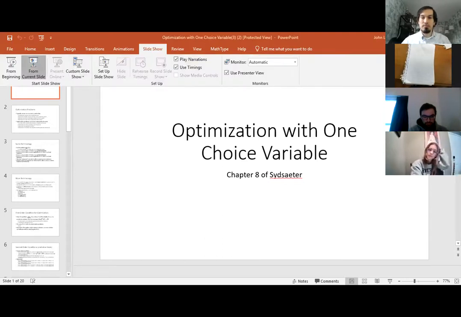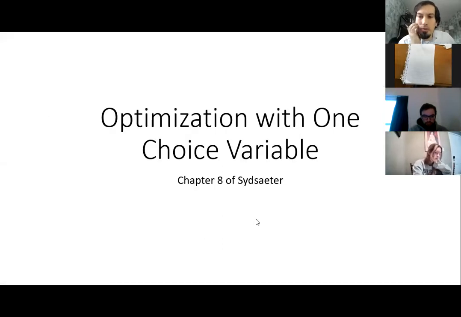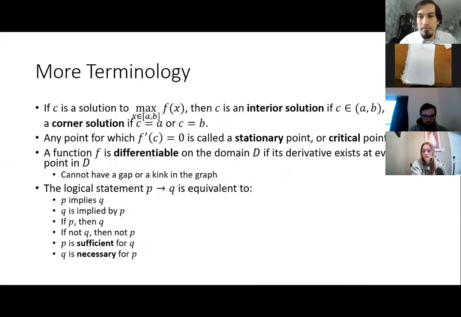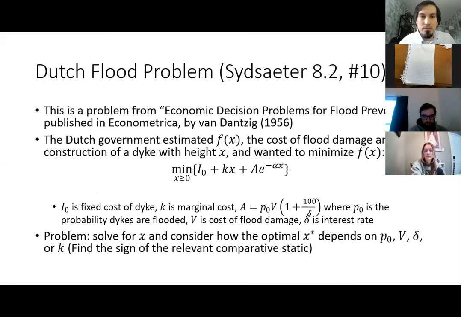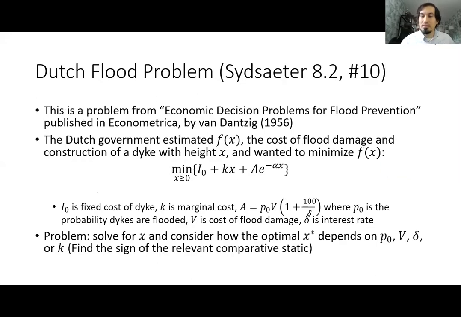Okay, so we were talking about this last class, chapter 8. And the thing I want to do now is the very last example, which is a Dutch flood problem. Let's think about what these Dutch people were thinking in 1956. This is a really old problem.